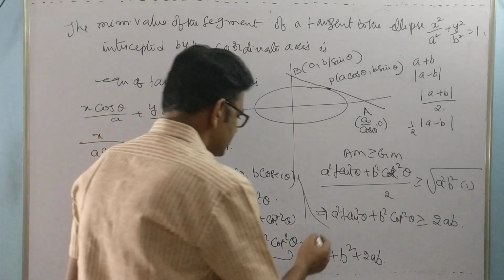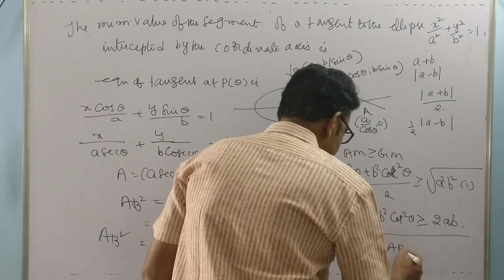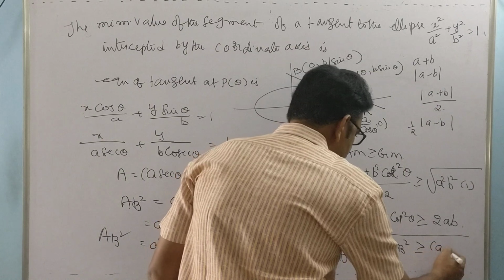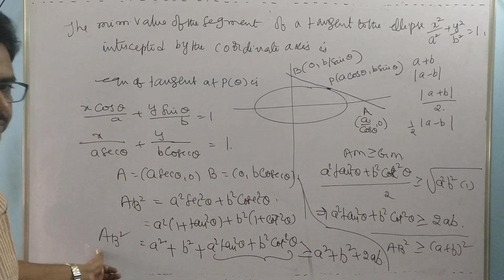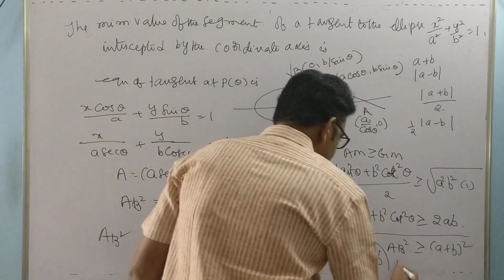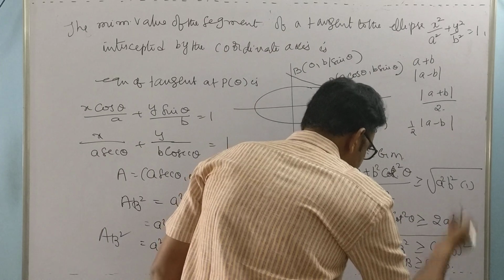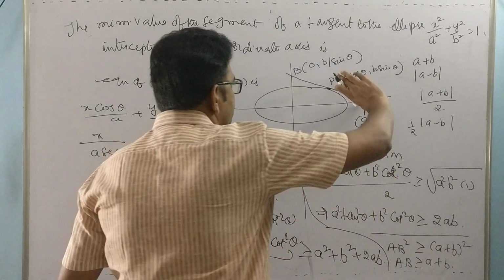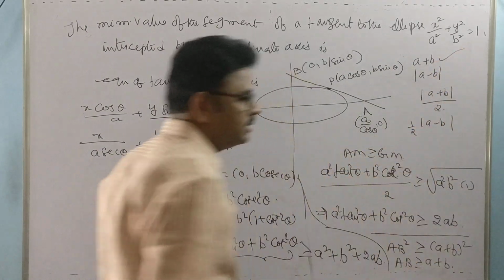So I got the conclusion here. Therefore ab square is greater than or equal to a plus b whole square. Therefore ab is greater than or equal to a plus b. Therefore the minimum value of ab is a plus b, which means the first option is correct.